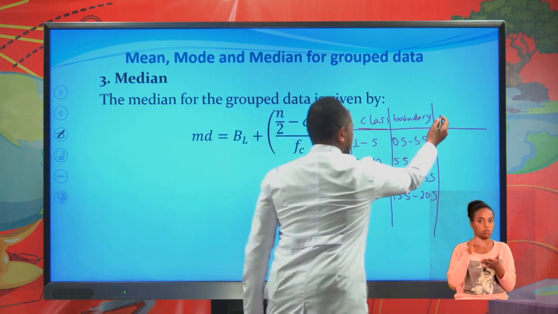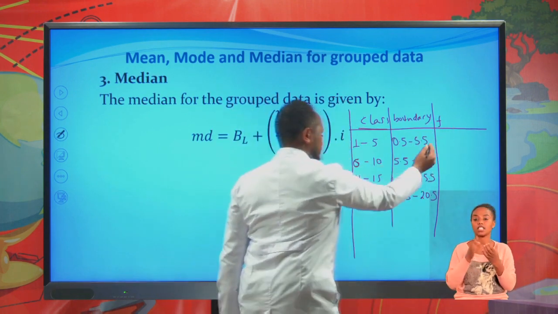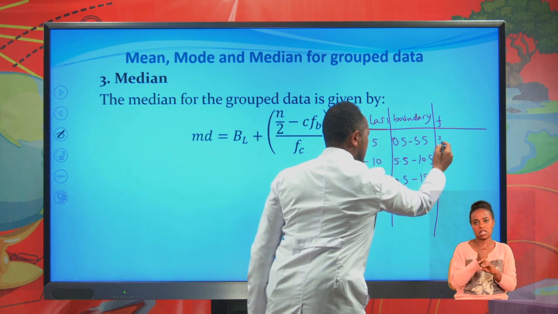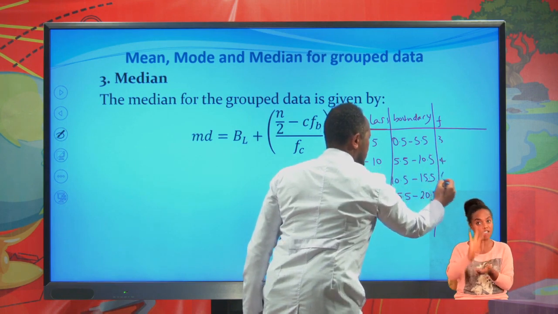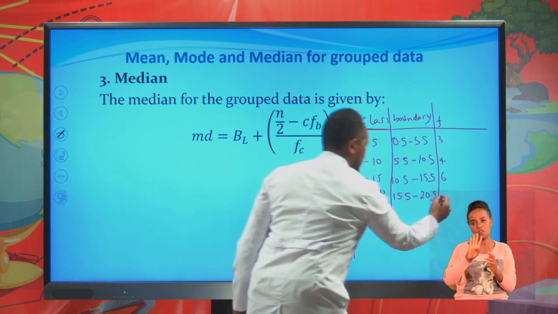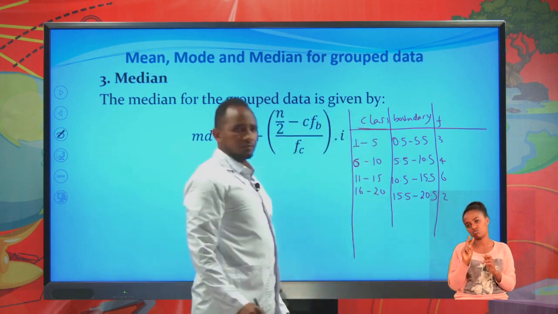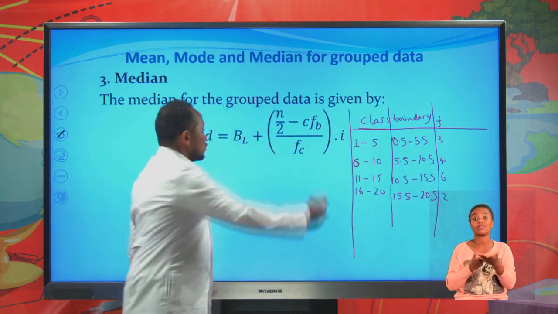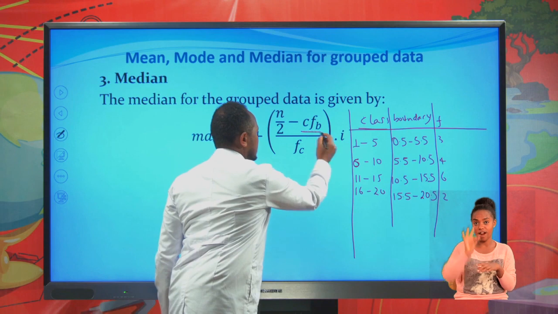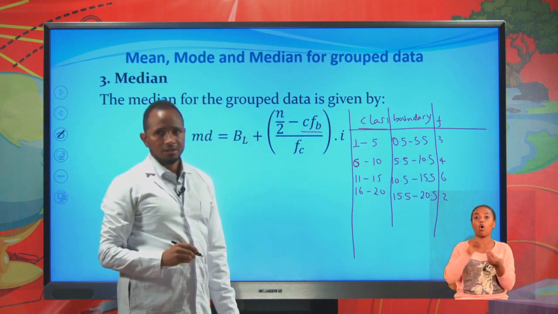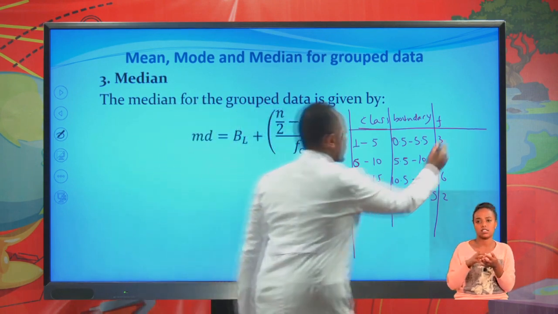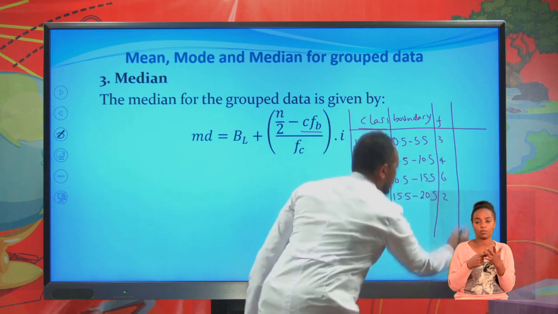Assume the frequencies of these classes: let's take this one to be 3, this 4, this one 6, and assume this to be 2. So in this case, we need to find the cumulative frequency.